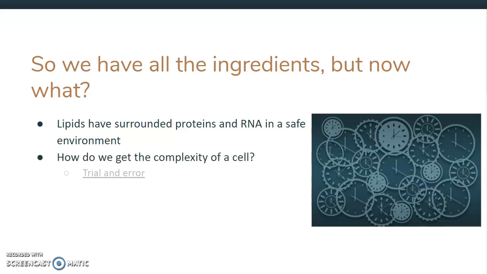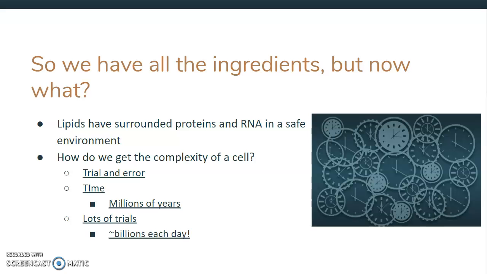But how do we get the complexity of the cell? So it is a process, a very slow process of trial and error. Really, what we believe is just over time, things somehow came together correctly. So if we think about it, for every 10 water molecules, maybe we had a nice lipid with some protein and some RNA inside of it.